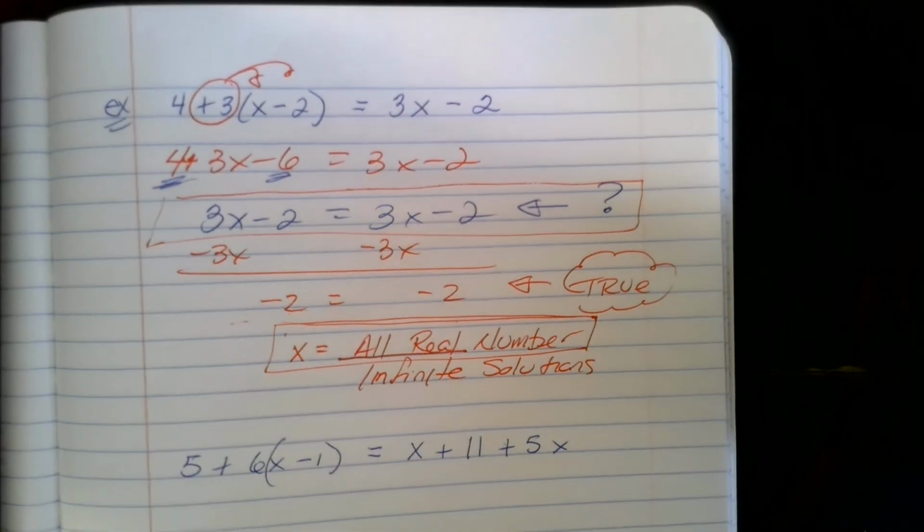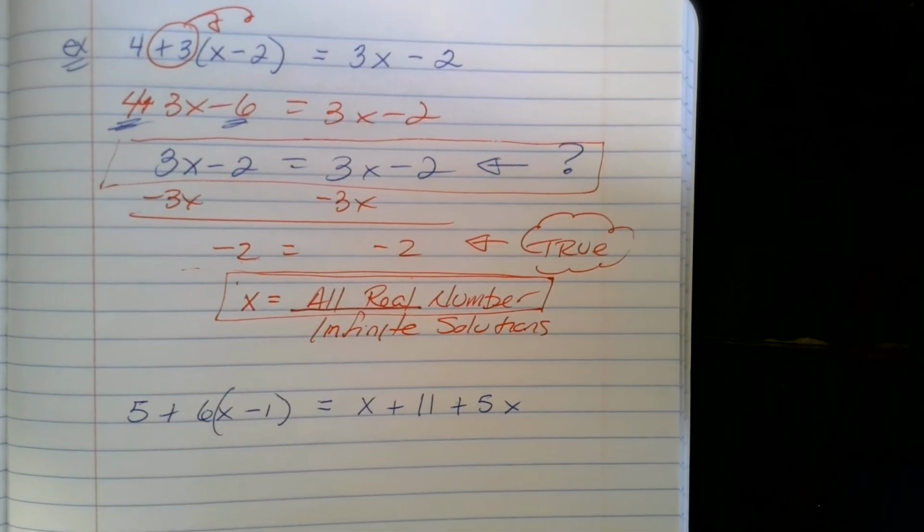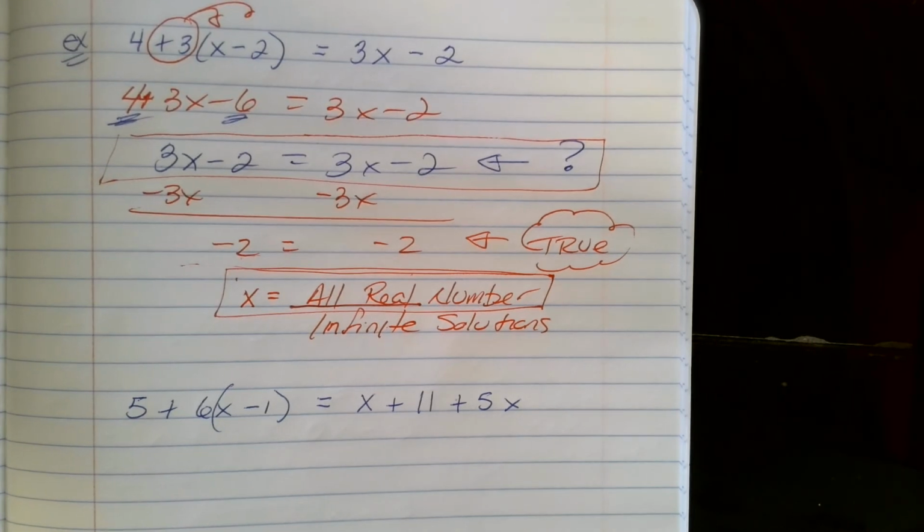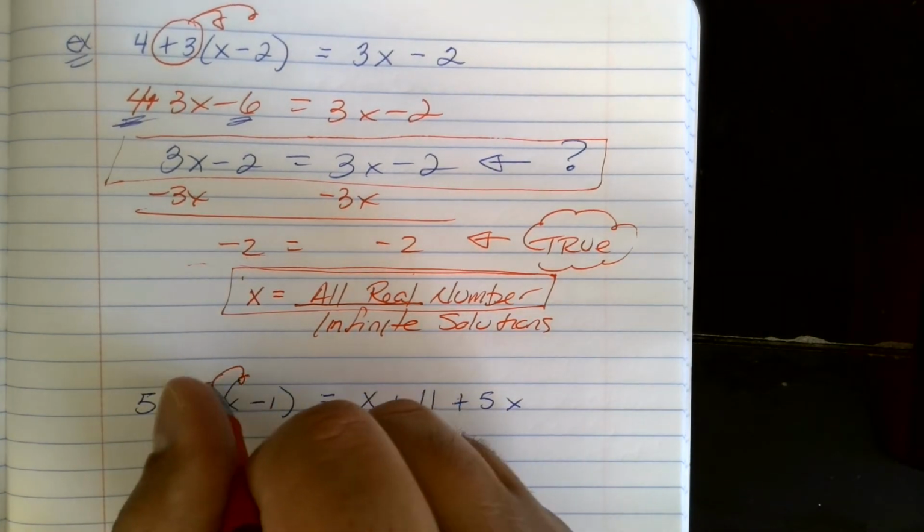Let's look at this example. In this example, I have 5 plus 6 times x minus 1 is equal to x plus 11 plus 5x. I want to solve this equation. I want to get x by itself, so I want to distribute to remove my parentheses.